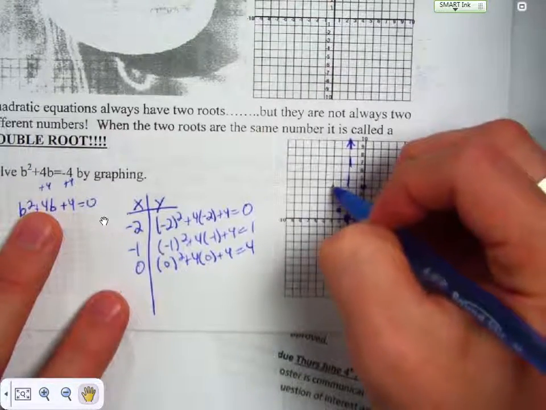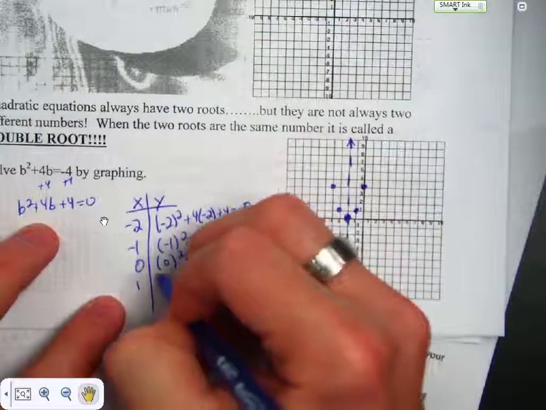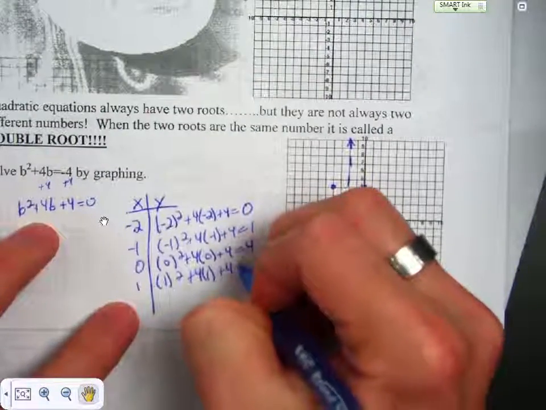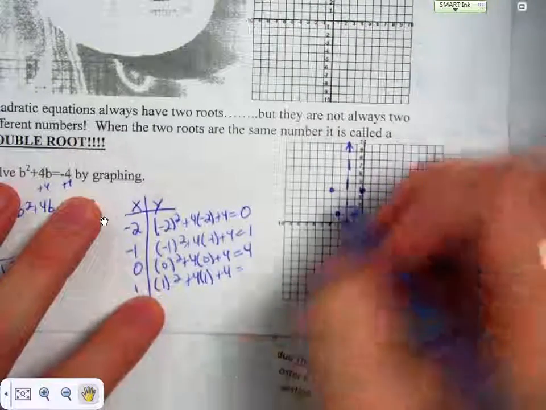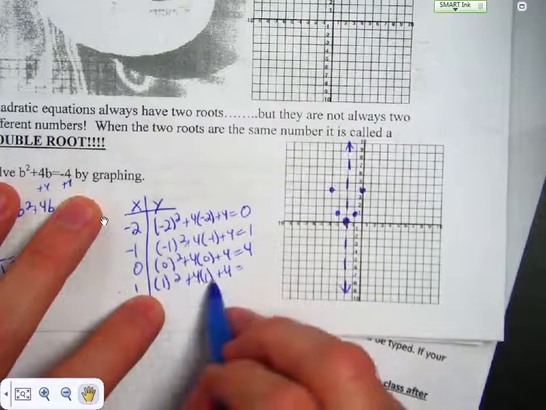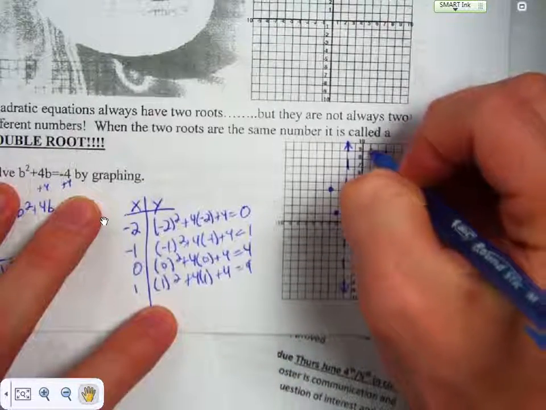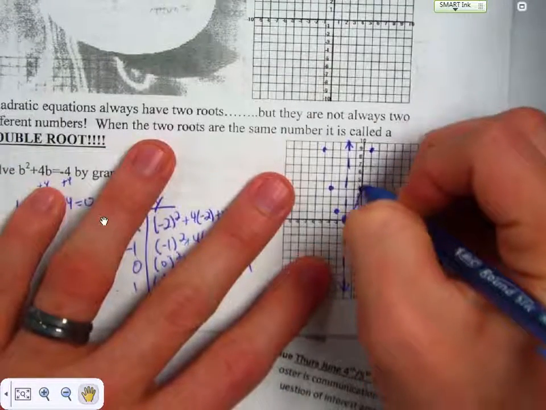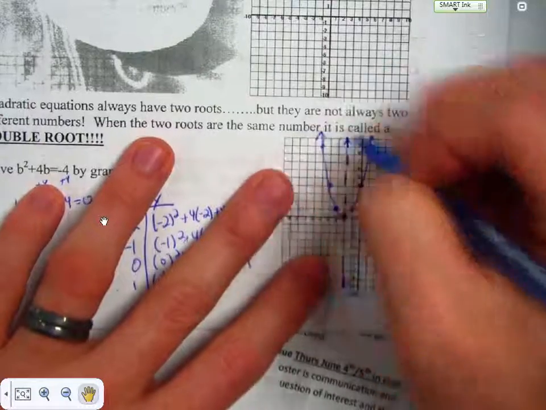And let's just do one more point, see if it fits. 1 squared plus 4 times 1 plus 4. 1 plus 4 is 5, plus 4 is 9. 1, 9. And we just connect the dots.